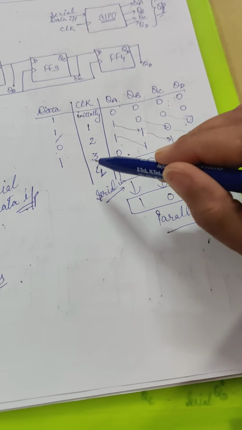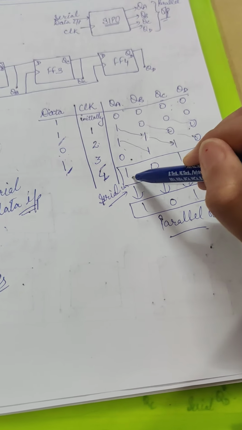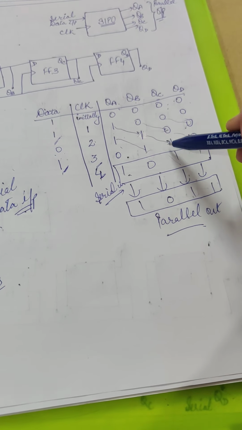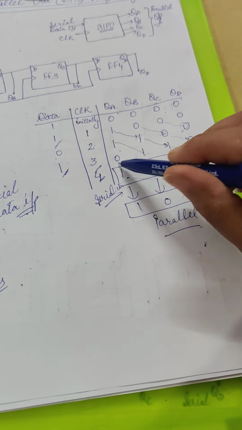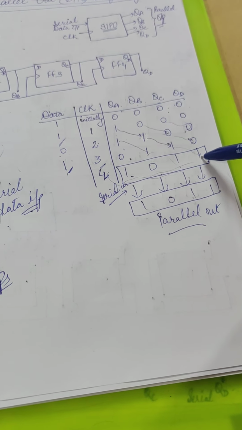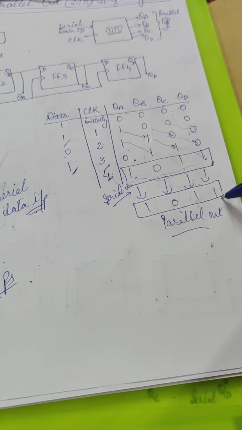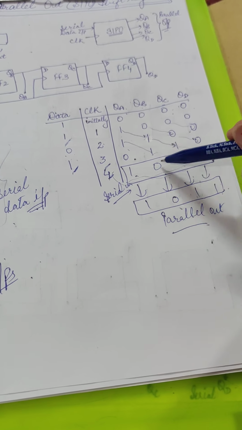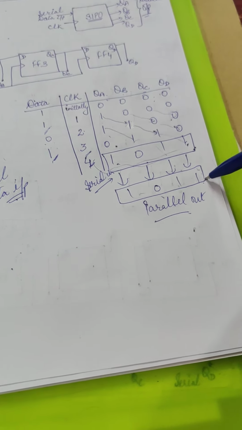At fourth clock, this 1 MSB bit is to be entered at first, this 0 is shifted to second place, 1 is shifted to third, and this 1 is shifted to fourth. So the data is entered serially, and then this data is taken at output parallelly, means all the bits are taken at the same time at the output.